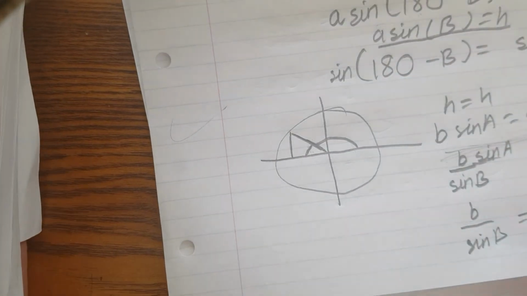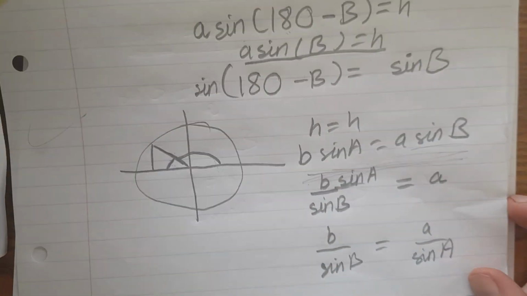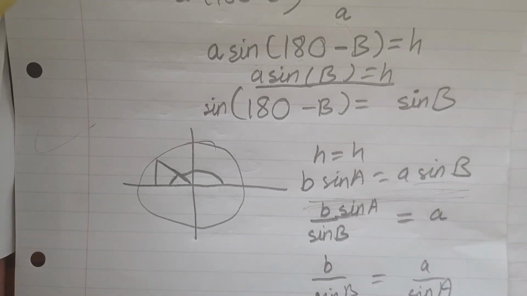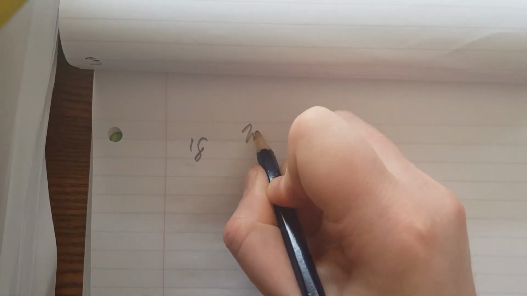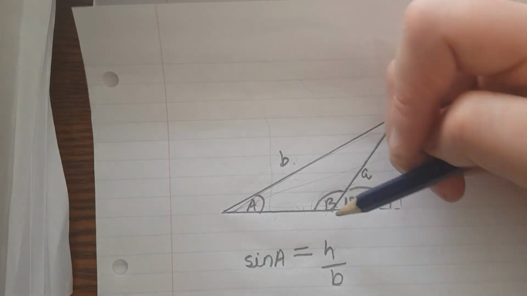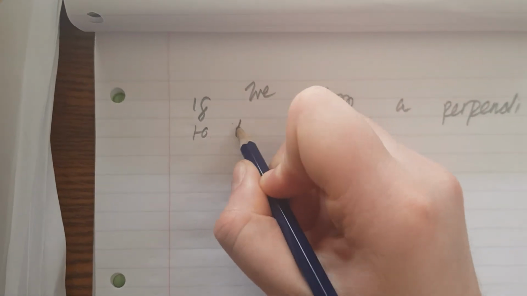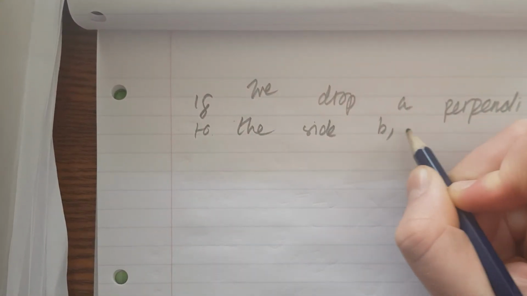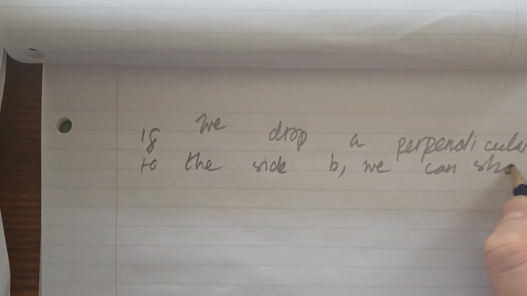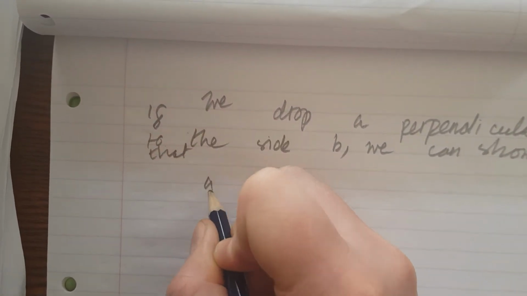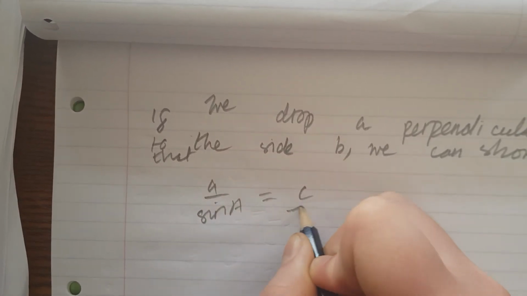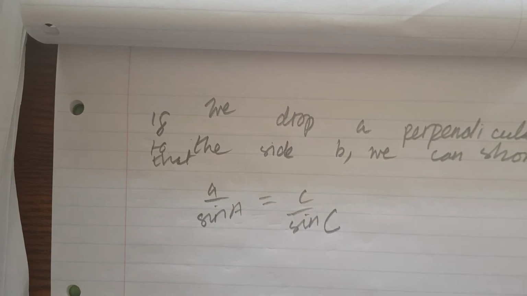So we've gotten to here, but another part of the sine rule was to show that that is equal to C over sin C. If we drop a perpendicular to the side B, the perpendicular was the H that we dropped, we would be able to show that A over sin A is equal to C over sin C. So similarly, we can show this.